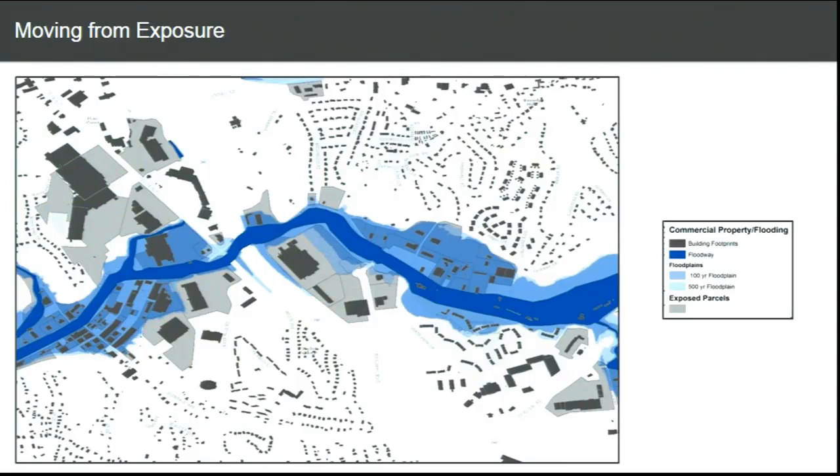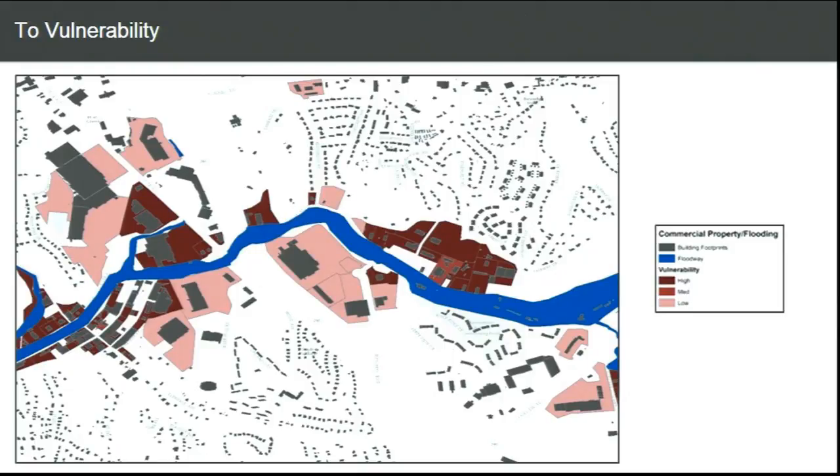So if we go back again to looking at 2D information, we've got good data on where our commercial buildings are, where our floodplains are, where those intersect, and then we can maybe apply some vulnerability to that and identify which parcels or buildings are more vulnerable to a potential flooding scenario.